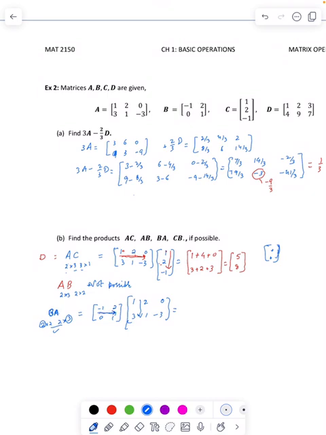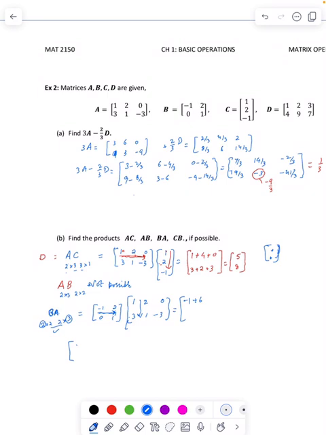If you make a skeleton here, the entry goes in the first row, first column. So this will be negative 1 times negative 1, negative 1, plus 2 times 3, so plus 6.